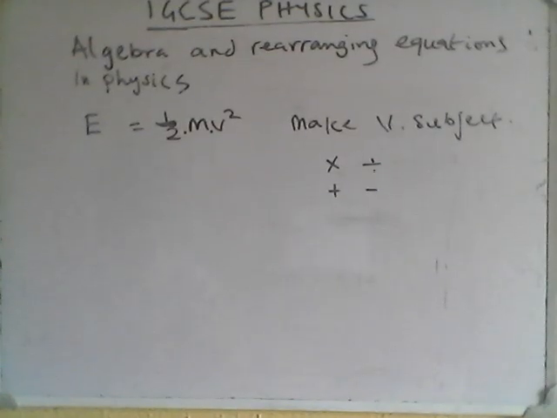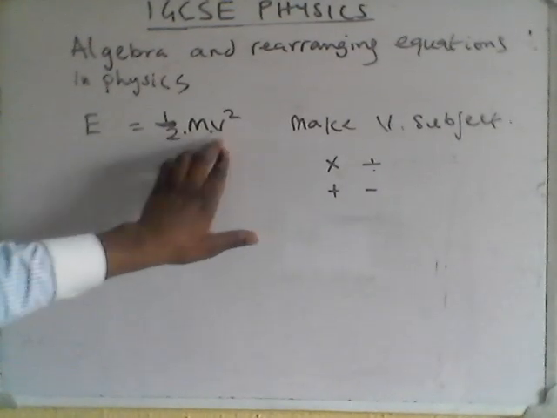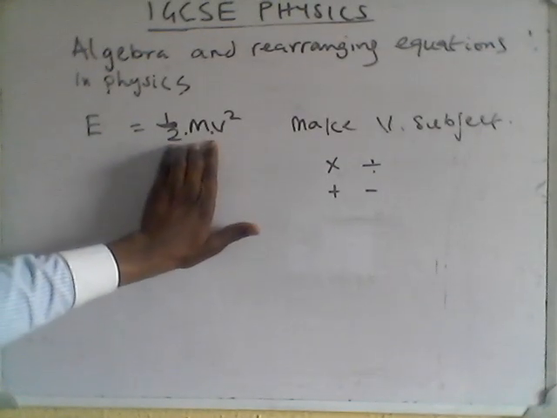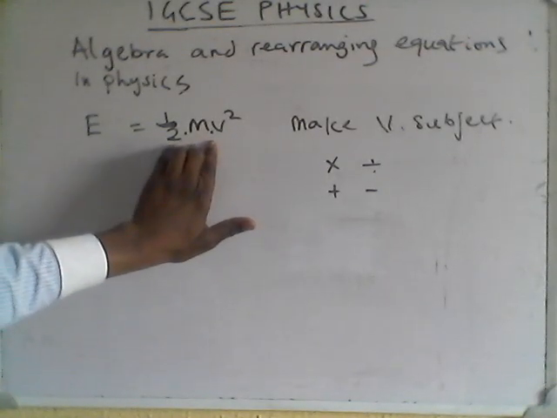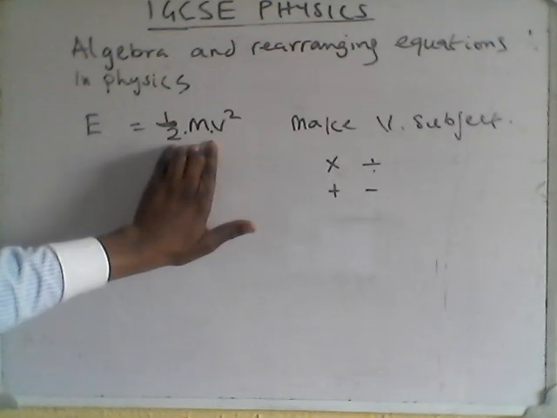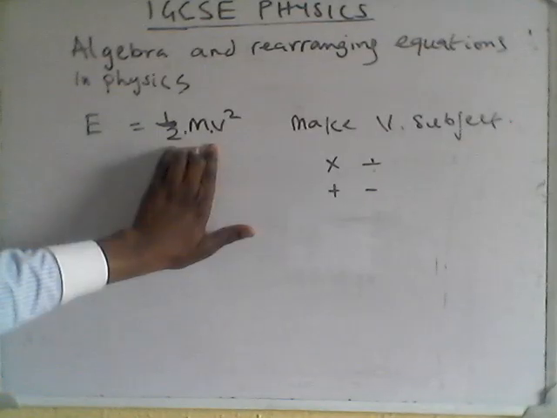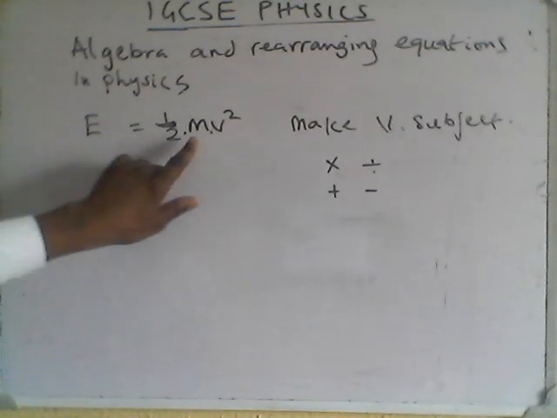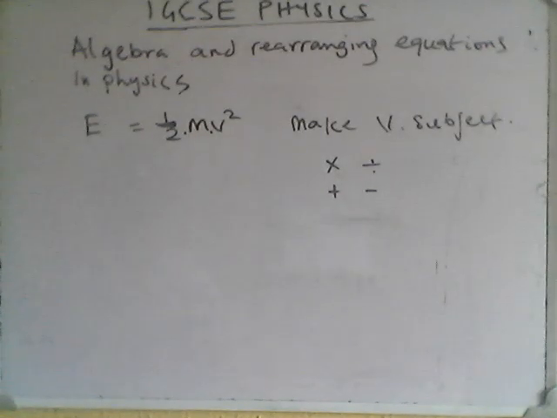Okay, so for here now, you see, I want to make v the subject, right? I'll knock these two out first. What I will do is divide both sides by half m, 1 over 2m, or simply put, I want to divide both sides by m. I want to take it gradually.